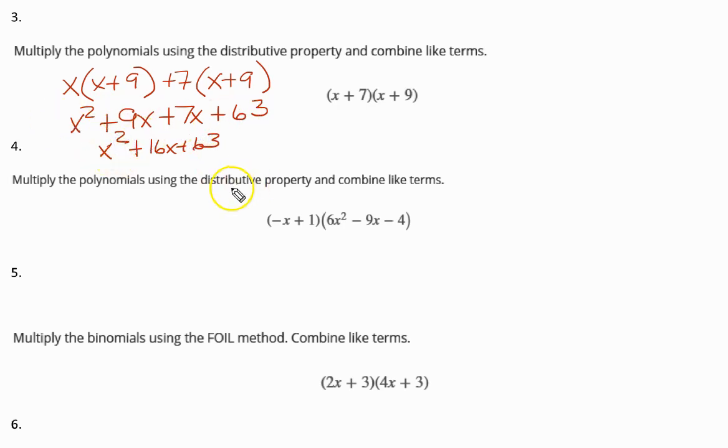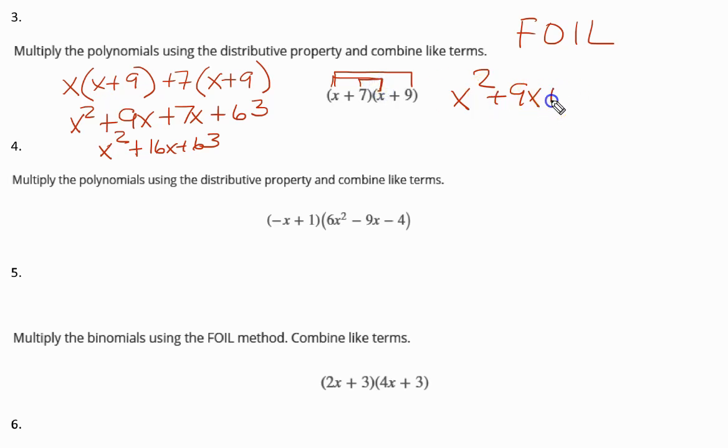Now, again, I want to have a little practice of the FOIL, so let's do that together. First, x squared. Now the outers, plus 9x.